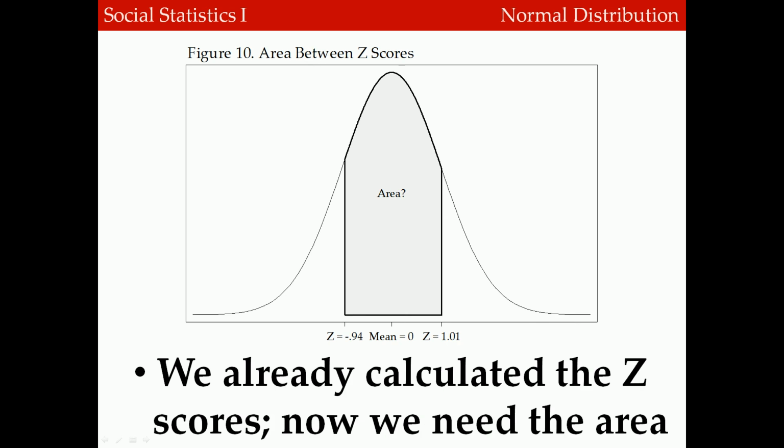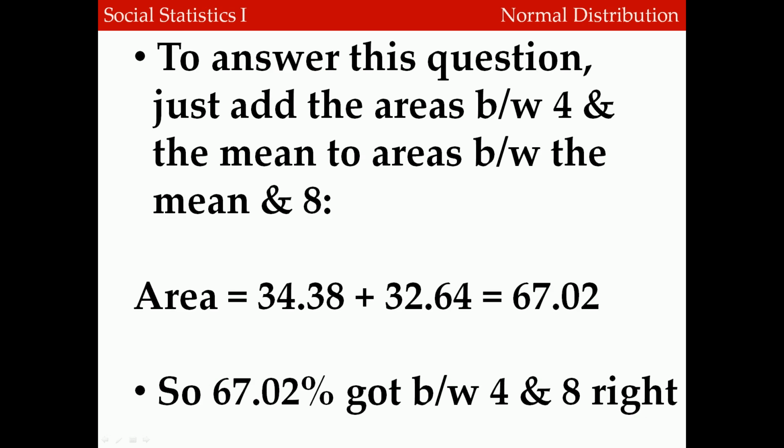Well, we're going to take each of those values, 4 and 8, and turn them into z-scores, which we did in a previous example, find the areas corresponding to both of them, and we're going to add them together. And so we saw that the areas for 4 and 8 respectively were 34.38 and 32.64, and when we add those two together, we get 67.02. And so that means that approximately 67% of people got between 4 and 8 correct words.